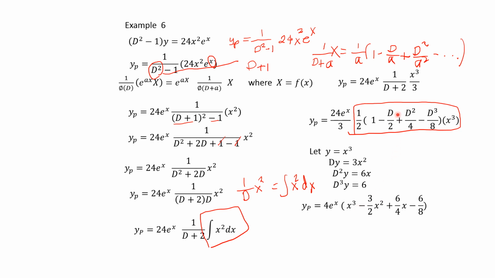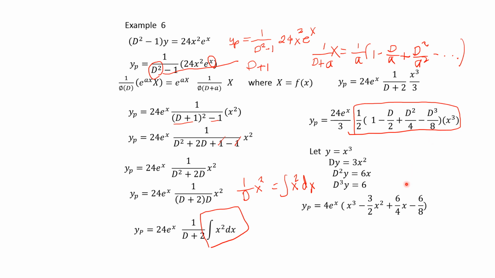The derivative of x cubed is 3x squared, divided by 2 there. The second derivative is 6x divided by 4 there. And then the third derivative is 6 divided by 8.